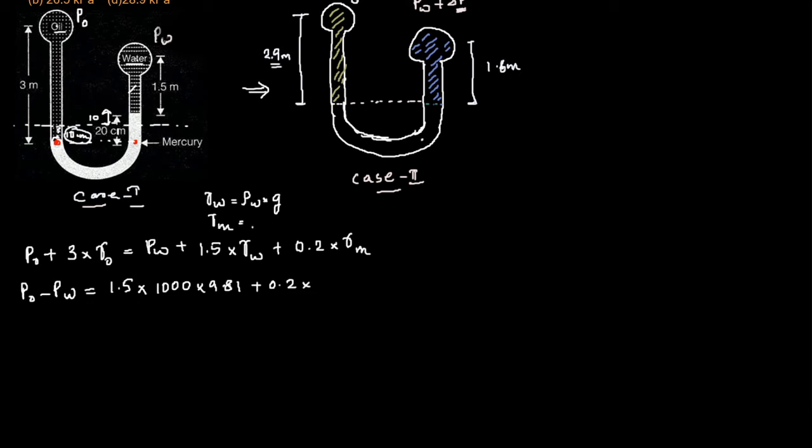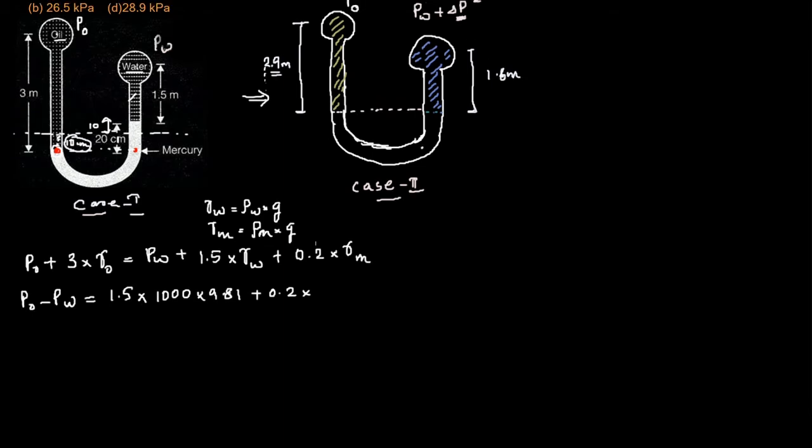Gamma m is nothing but rho of m into acceleration due to gravity. So rho of m is given as 13,550, into 9.81. And we have this term going to the other side, so it will be negative.